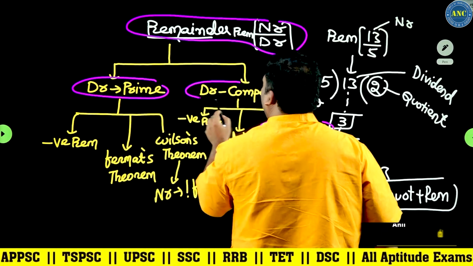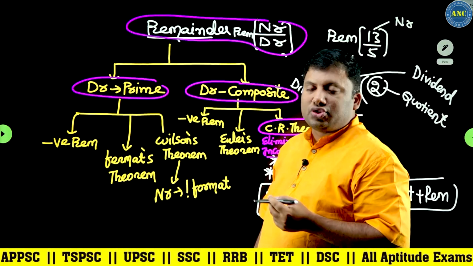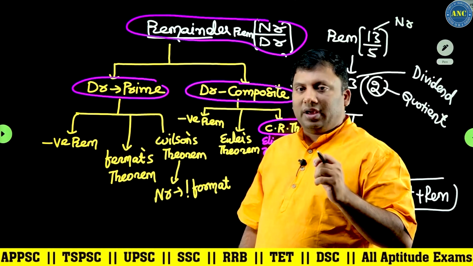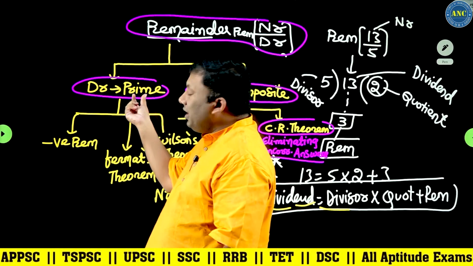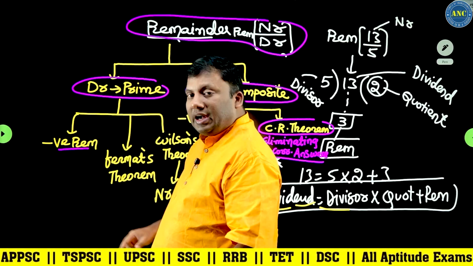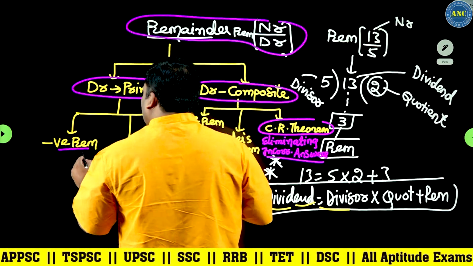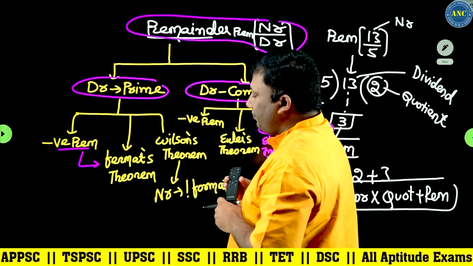The denominator can be a composite number. Only 2 cases are there: the denominator is a natural number, which is either a prime number or a composite number. If the denominator is a prime number, the first method is negative remainder. If it is taking a little more time, I will get into Fermat's theorem.